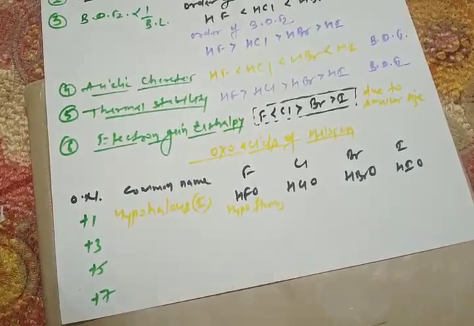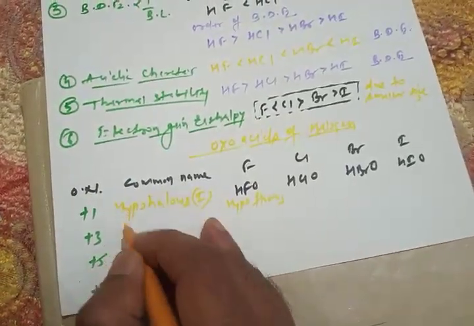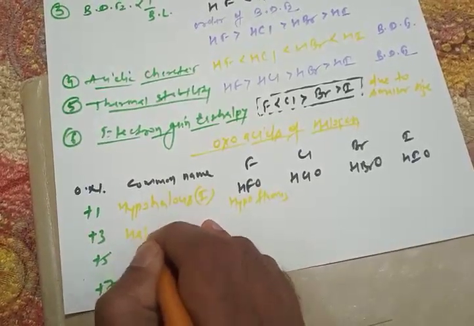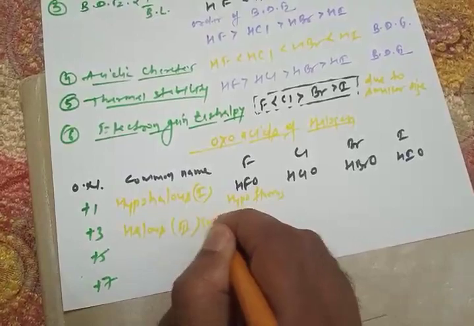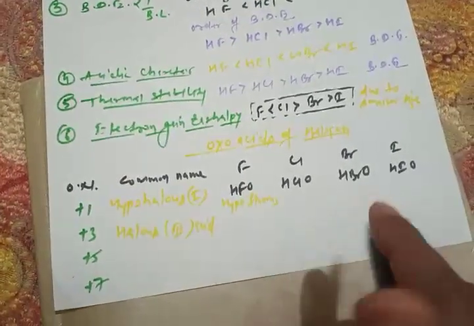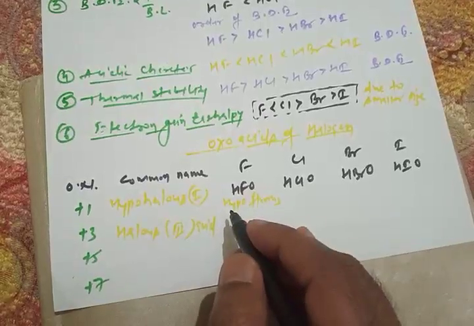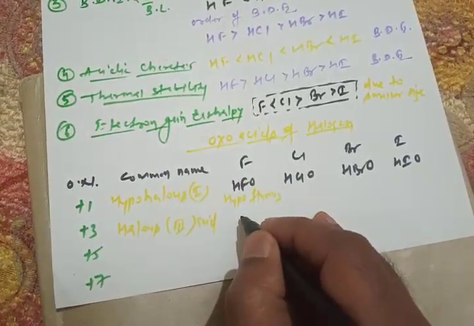Then the second one with +3 is halous acid, HALOUS. Here we'll go for some examples of halous acid. In the case of fluorine there is no example, because it has only one oxidation state.